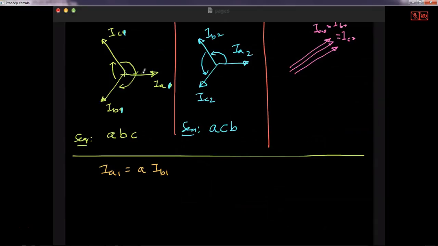Or in other words, I can write IB1 is nothing but minus A into IA1, which is nothing but A square into IA1. Similarly, you see what is IC1? IC1 is nothing but A into IA1. So I want to express everything in IA1. So what I'll get?